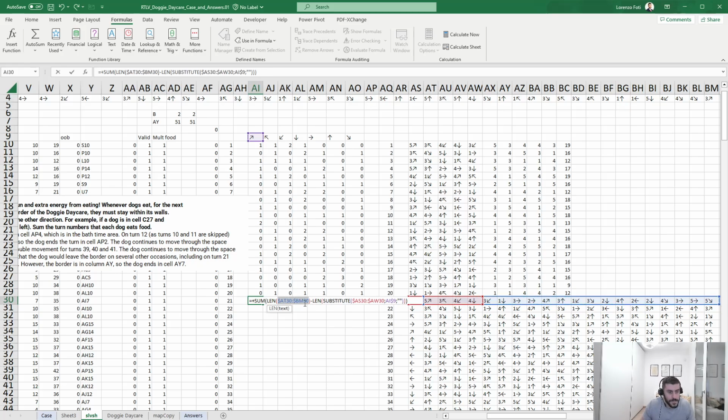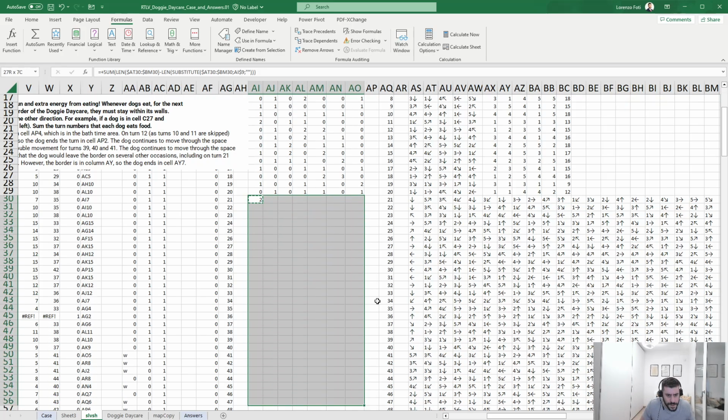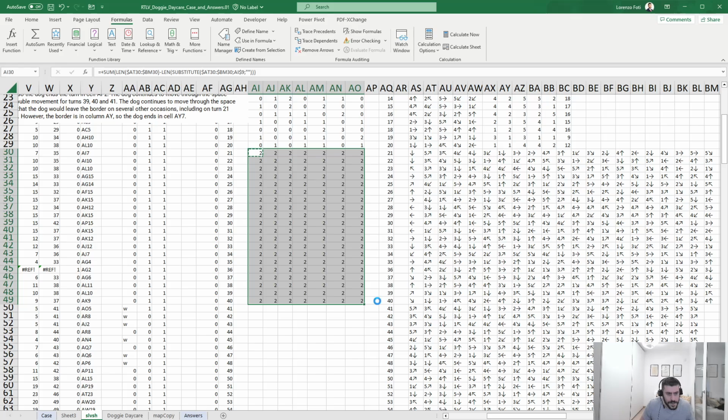No columns. This might be quite time consuming. That's why I didn't do that during the competition. Better to have this.